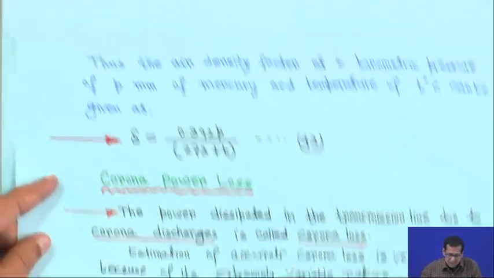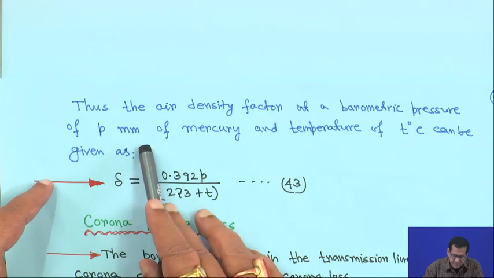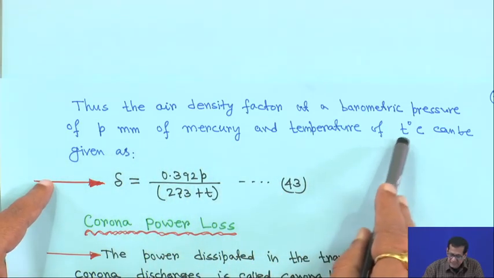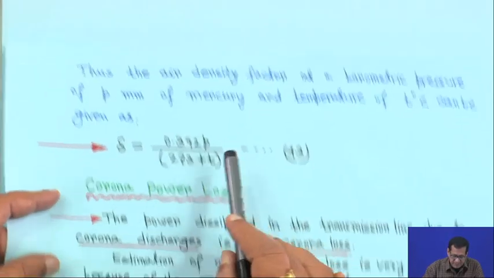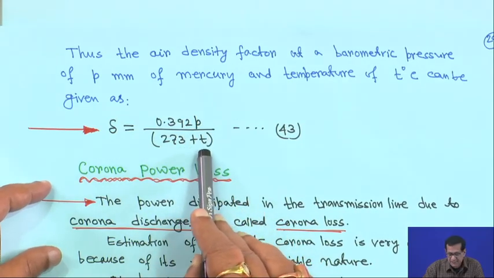Thus, the air density factor at a barometric pressure of p millimeter of mercury and temperature T degrees Celsius can be given as delta is equal to 0.392 p divided by 273 plus T.